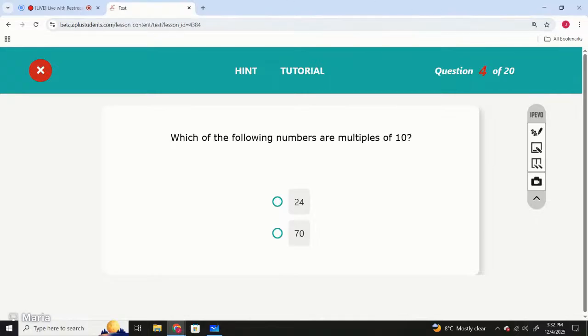Which of the following are multiples of 10? So which is the correct option? That is 70. Option number 2 is the correct option. Very good.